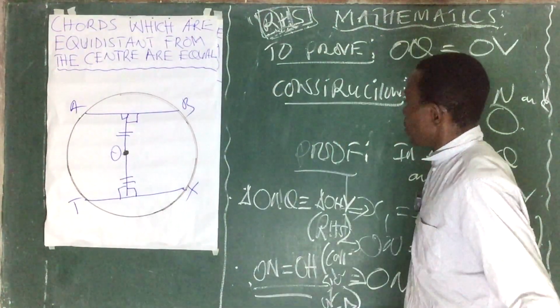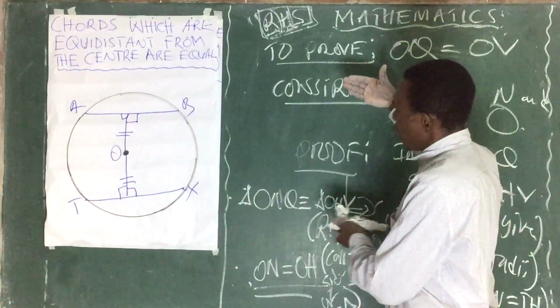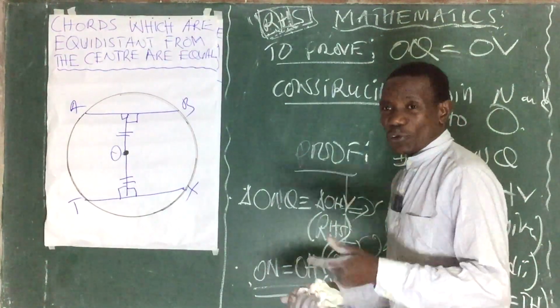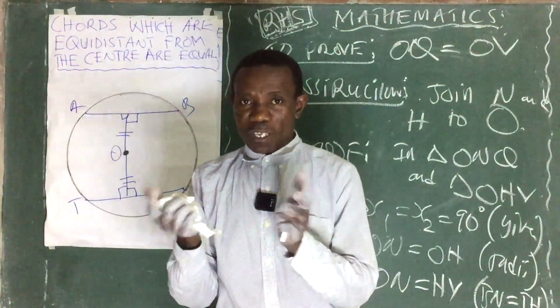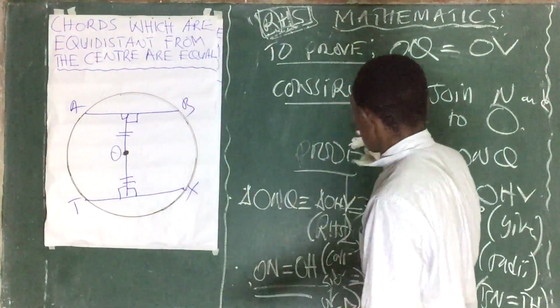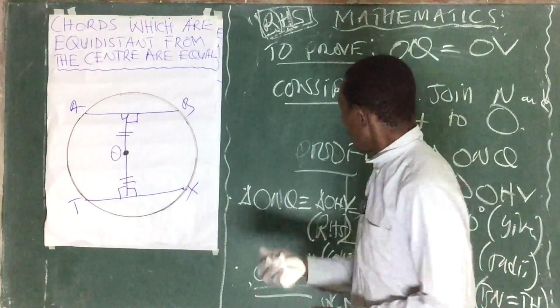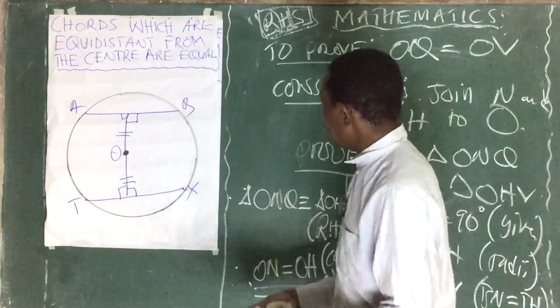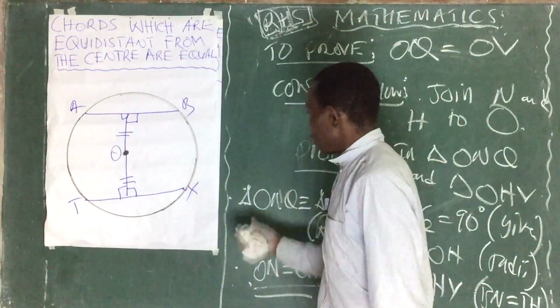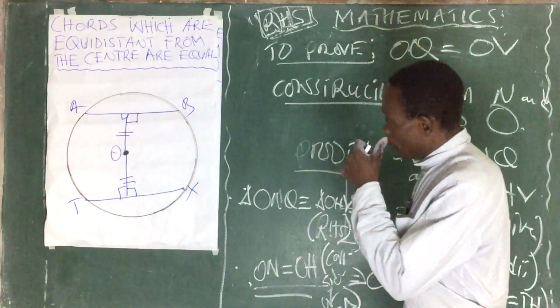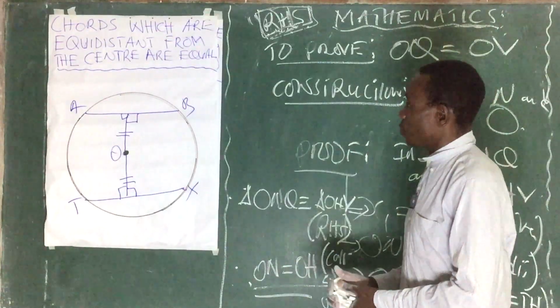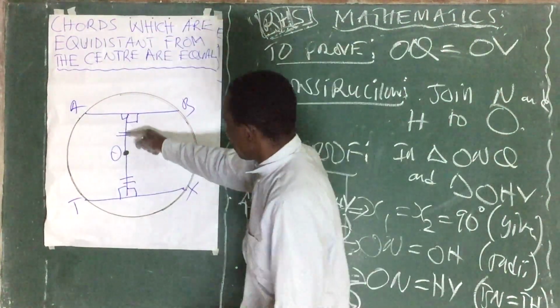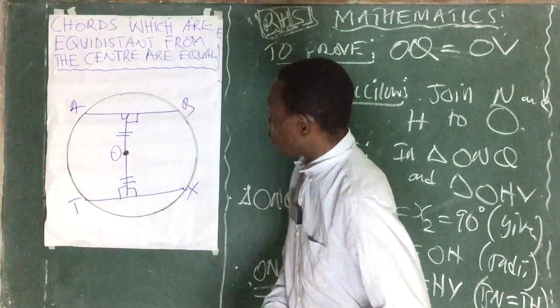I will not write in the order of the steps, because I know you're already aware of how best you can present your work. Logically, you begin with given, then to prove, things like that. But here I'll just go straight into explanation and give you a guide on how best you can show that the two chords are equal if the distances from the center are equal.